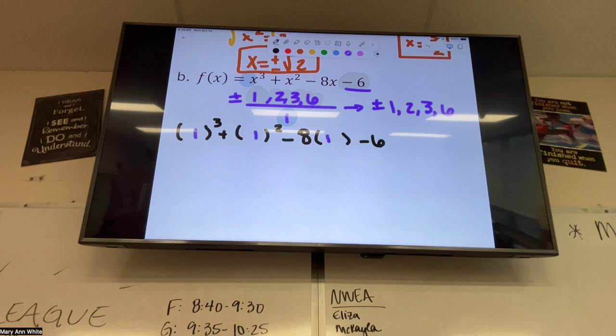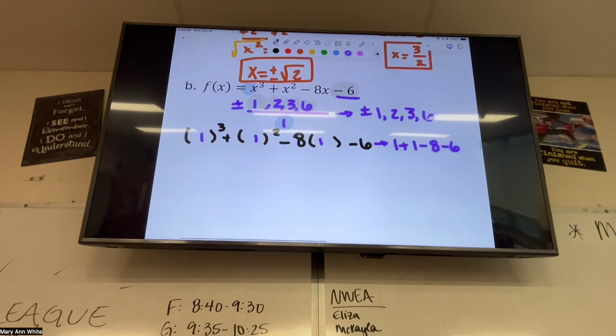Every time we see an X, we're going to plug in a 1. 1 to the third is 1. 1 squared is 1. -8 times 1 is -8 minus 6. Will 1 plus 1 minus 8 minus 6 be 0? No. There's no way, right? -8, -6 are going to make a much bigger negative number than 1 plus 1, okay? So that means 1 doesn't work.